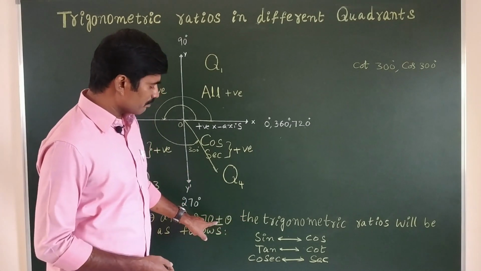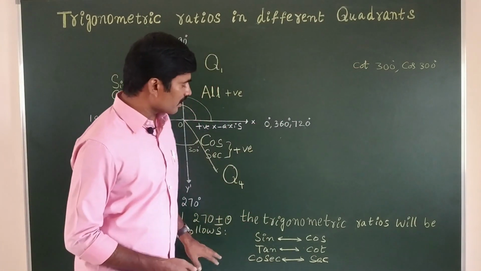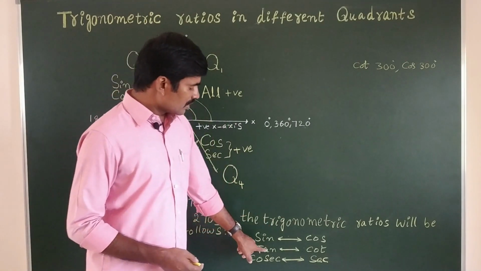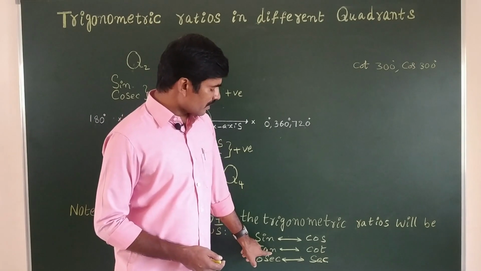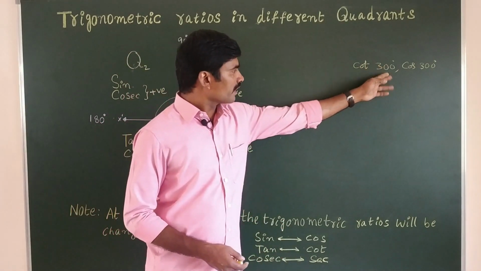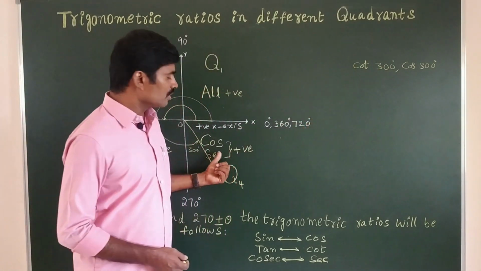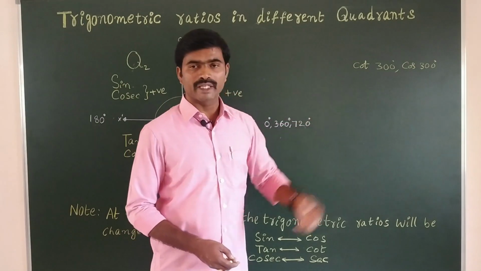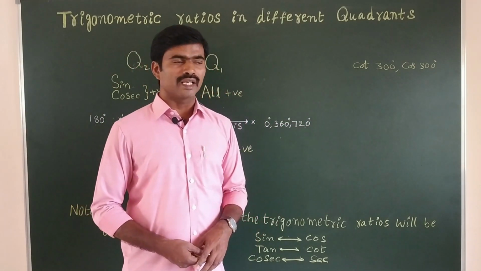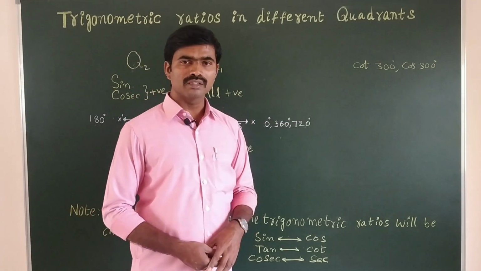At 270 plus or minus theta, the ratios will be changed. So it will be changed as tan 30 degrees, and 300 degrees lies in Q4 and cot will be negative. So this value is minus tan 30, which is minus 1 by root 3.